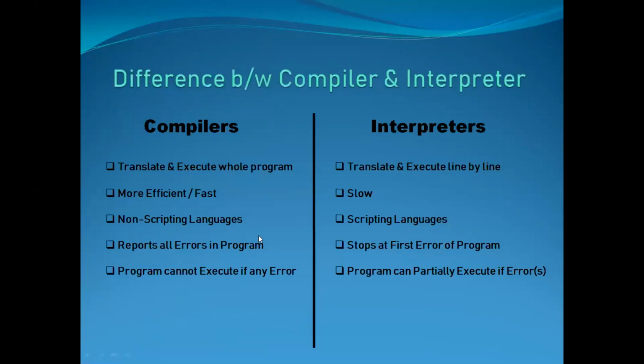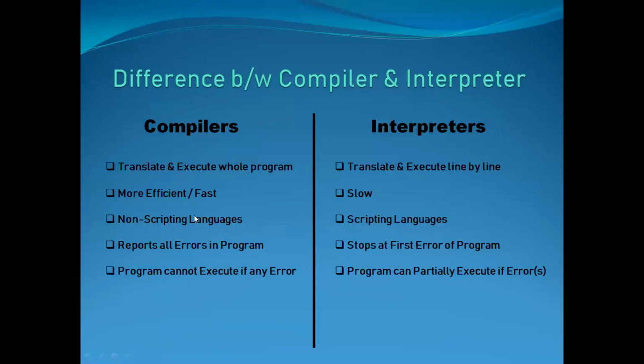Now come to the difference between compiler and interpreter. A compiler translates and executes the whole program, whereas an interpreter translates and executes the program line by line. Because of this nature of compilers, we can say that compilers are more efficient or fast, whereas in comparison to compilers, interpreters are slow.